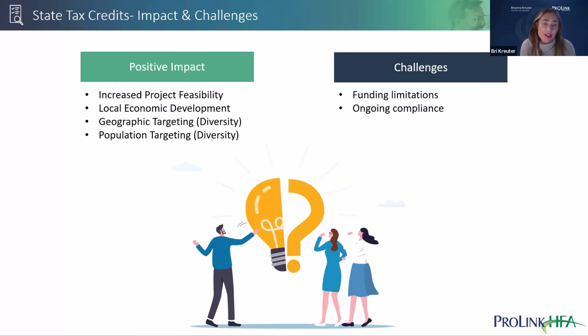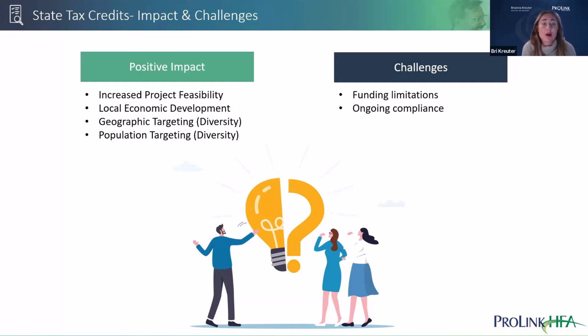Obviously, there's job creation in construction and property management as more affordable housing projects are available. Ultimately, that should lead to more infrastructure, schools, and services for communities where these projects are achieved. Geographic targeting meets needs with diversity, as well as population targeting, the next one on the list.